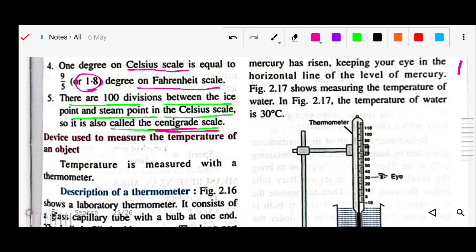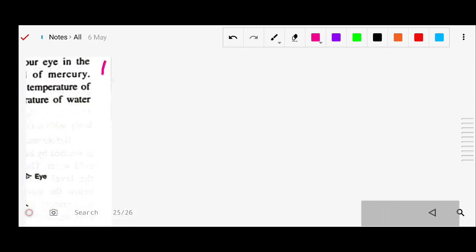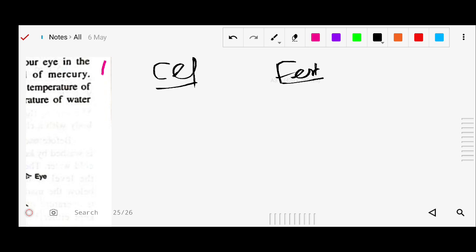Now we see some mathematical terms of this. First of all, we have the Celsius, and second is your Fahrenheit. You can write Celsius here, and this is your Fahrenheit.